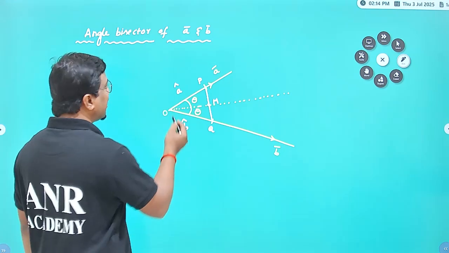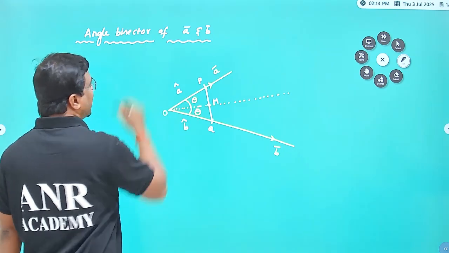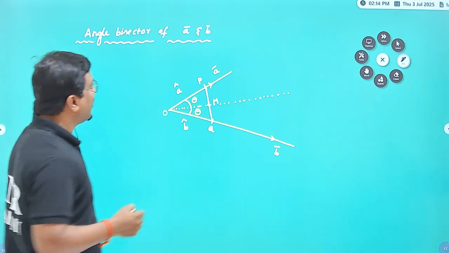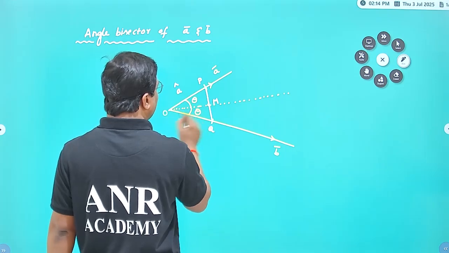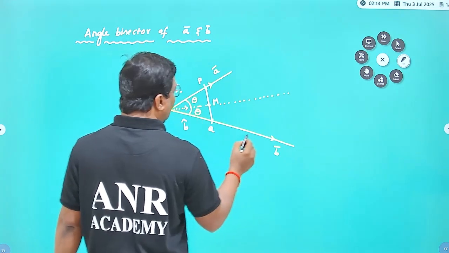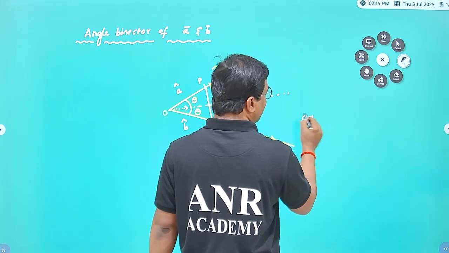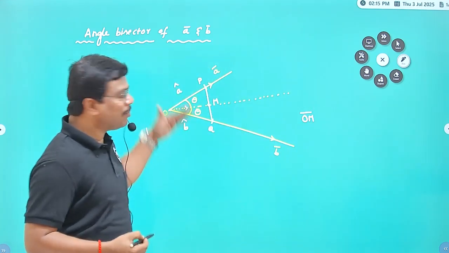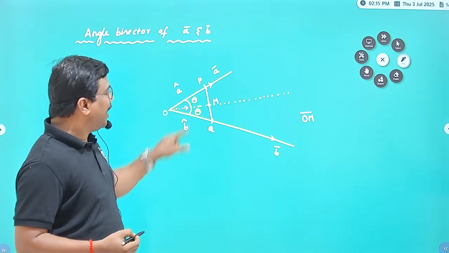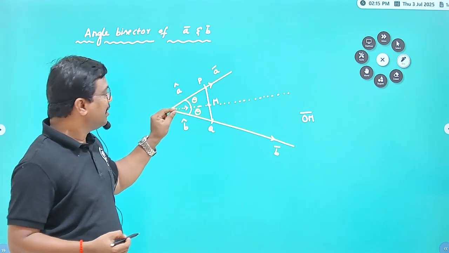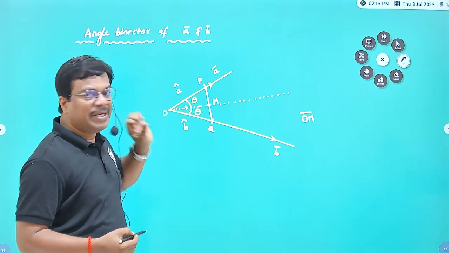So I can say that the angle bisector of A and B is clearly the vector OM. OM vector is the angle bisector of both A and B, and clearly M is the middle point of PQ.